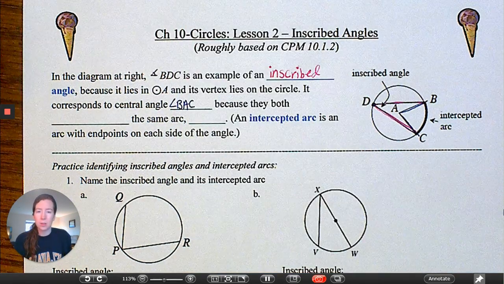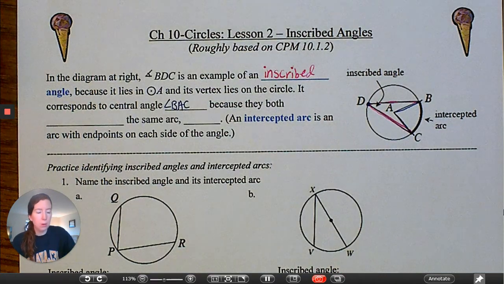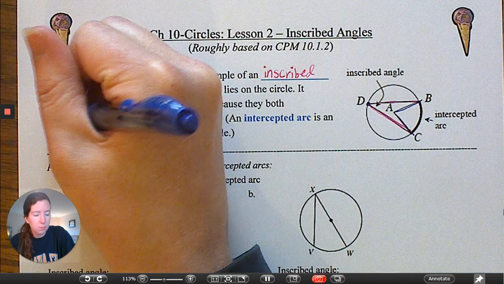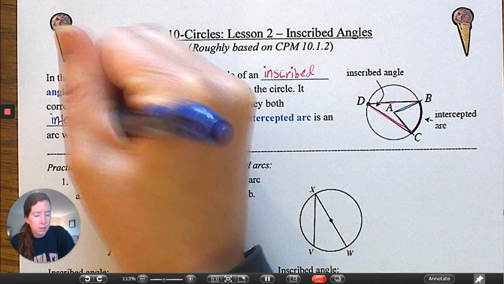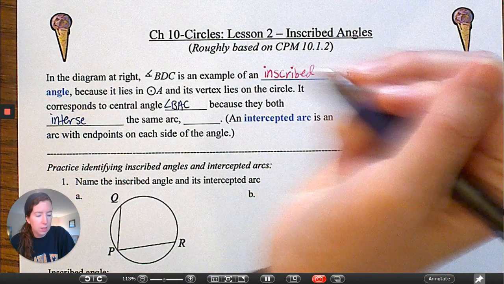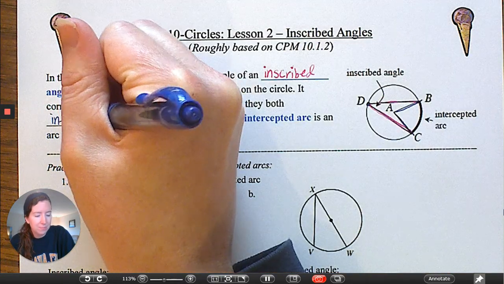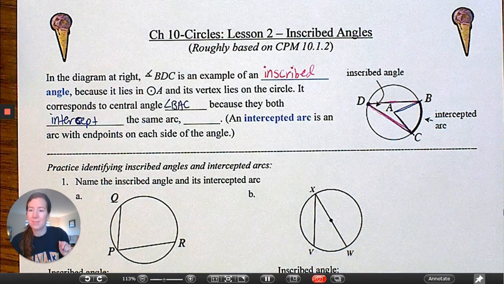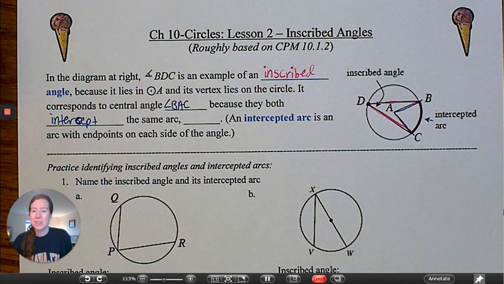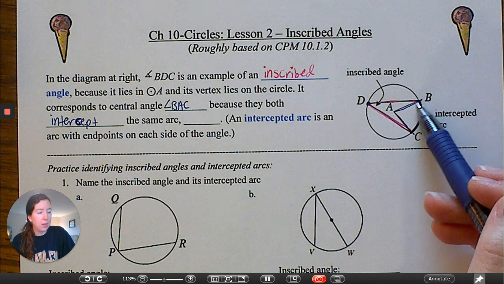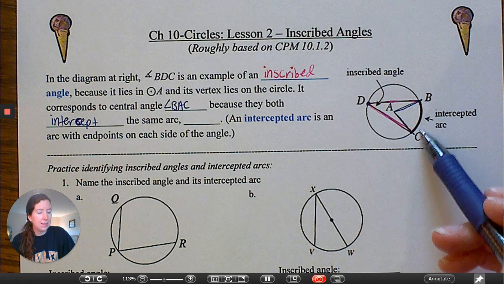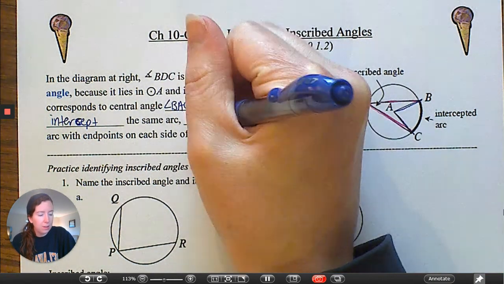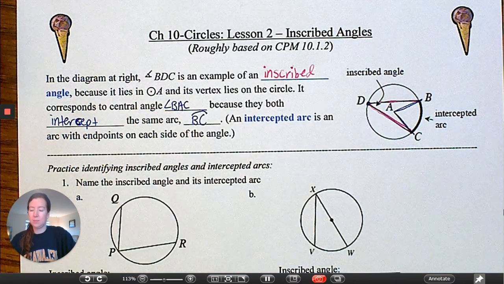Now why does it correspond to that? Well, it's because they both, here's a new word, intercept, I spelled that wrong. So let's see. They both intercept the same arc. So if you were to trace out these two angles, they both end at arc BC.